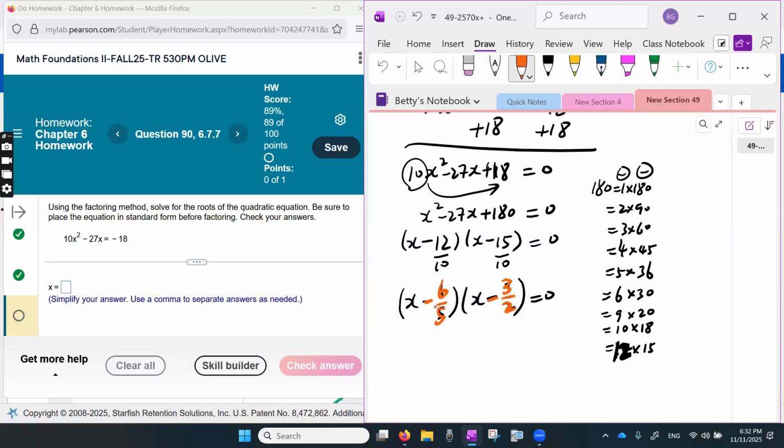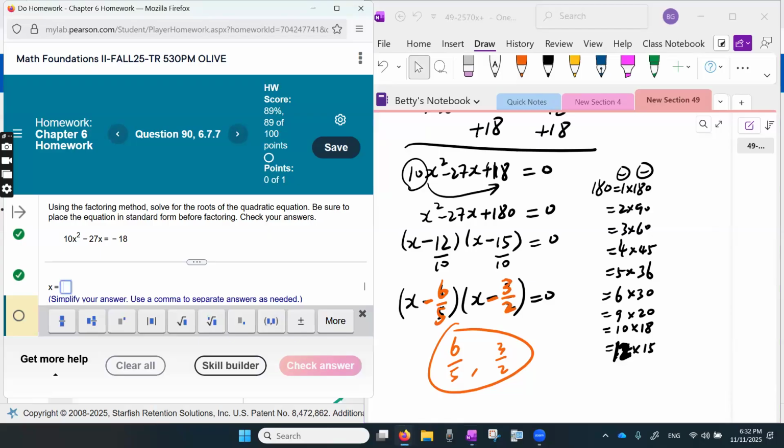And their opposites, positive 6 over 5, positive 3 halves. Those are the two solutions. 6 divided by 5, comma, 3 divided by 2, and that's it.